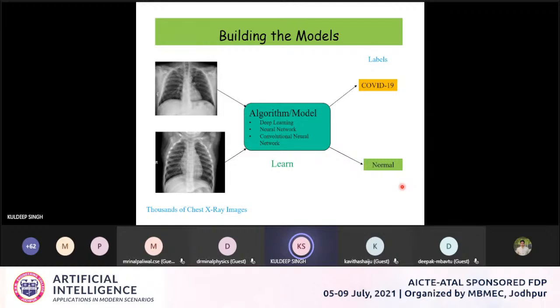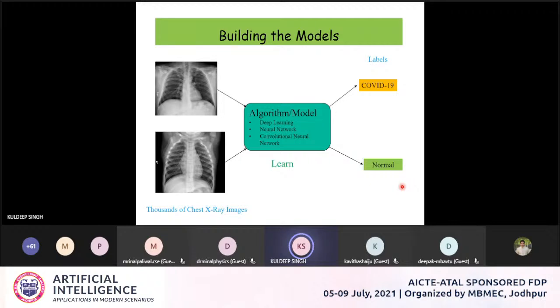We call it a labeled example. I'm talking about supervised machine learning, where we are providing the labels corresponding to the different categories. These models can be deep learning models, convolutional neural network models, or any artificial neural network, and many more.